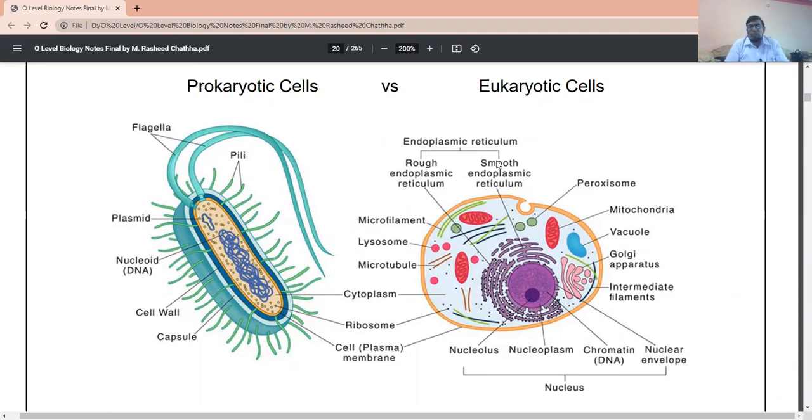So the eukaryotic cell contains endoplasmic reticulum, both rough and smooth, which are membrane-bound organelles.